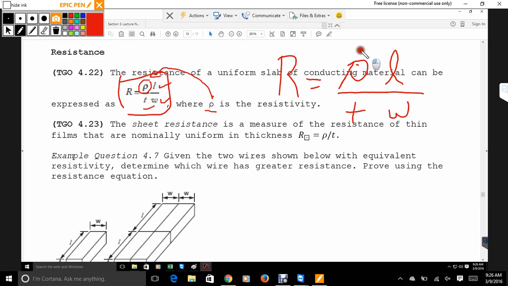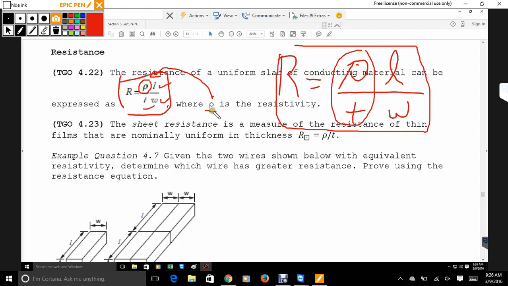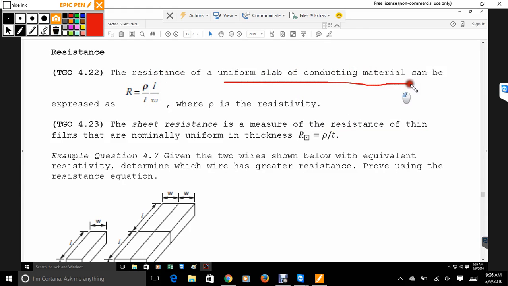Specifically, let's define the resistance of a uniform slab of conducting material. It can be expressed with this equation, where rho is the resistivity of the uniform slab of conducting material. If you have thin slices of it, that's where 4.23 comes in.